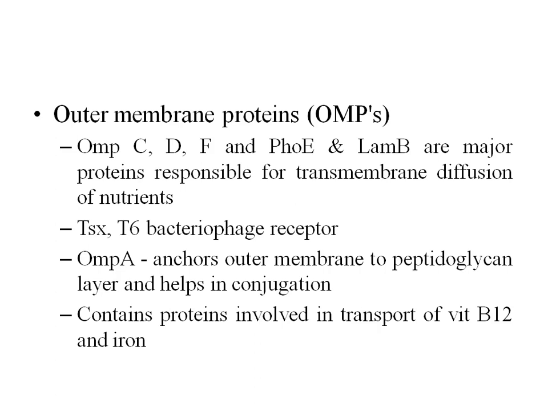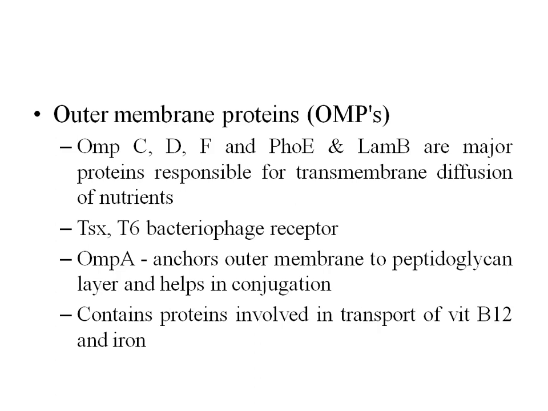The outer membrane proteins C, D, F, PhoE and LamB are the major proteins responsible for the transmembrane diffusion of nutrients. Some outer membrane proteins like Tsx act as a T6 bacteriophage receptor.